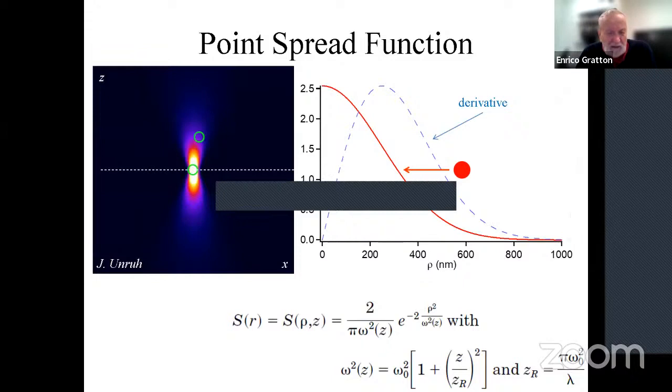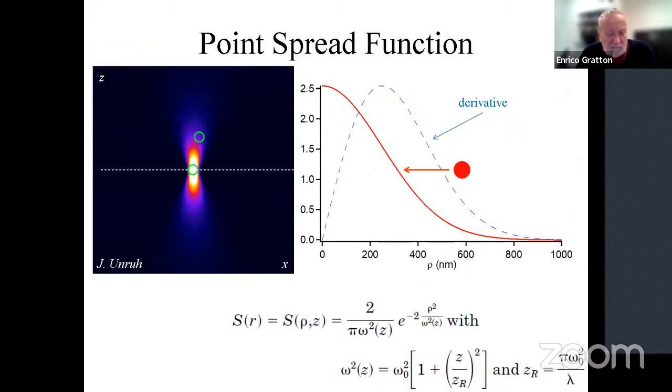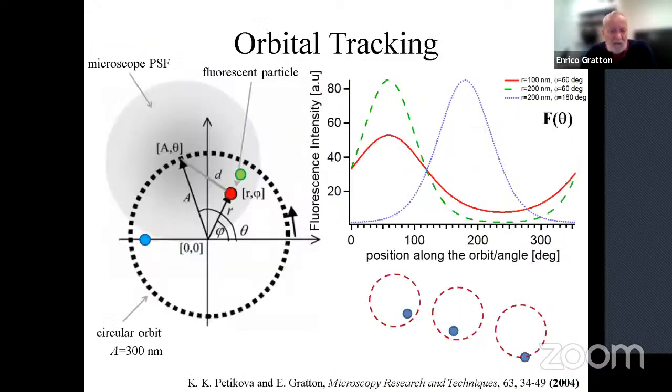Can I get the next slide? Okay, so suppose this is the microscope volume of illumination, and you are able to rotate the volume of illumination in an orbit. So when a particle is, for example, in the red point, as you move the orbit, the particle will have a maximum intensity at this position, this phase.